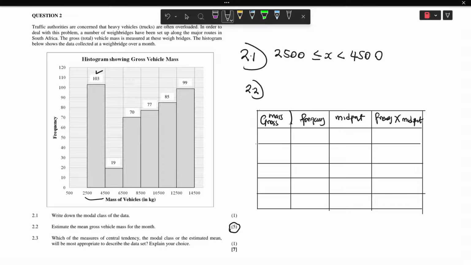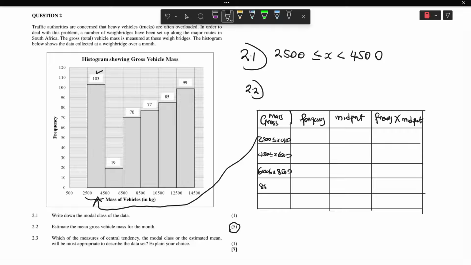What do you do here, learners? Here you write your interval. In this part you write your interval, less than 4.5. You see, this is the first part I took. Then you take the next one, 4.5 less or equal to 6.5, and then here 6.5 less or equal to 8.5.